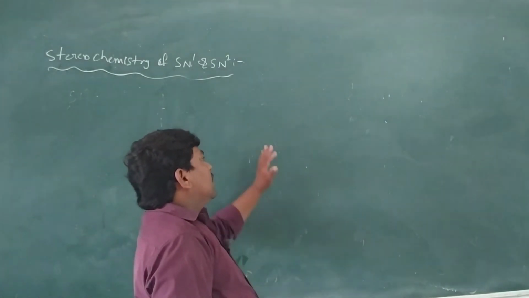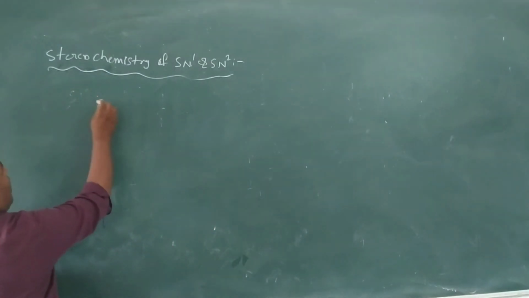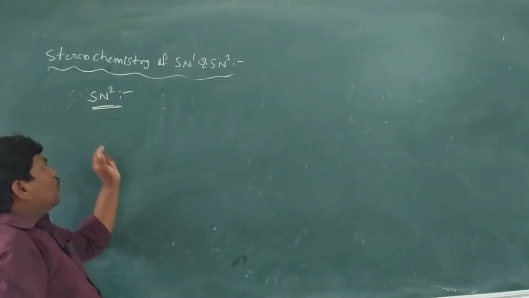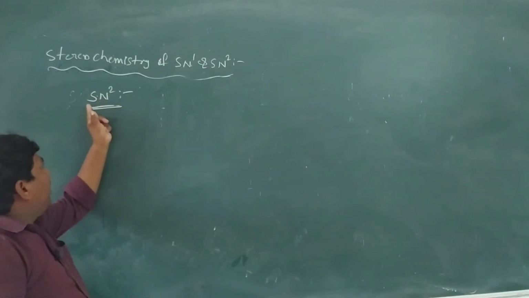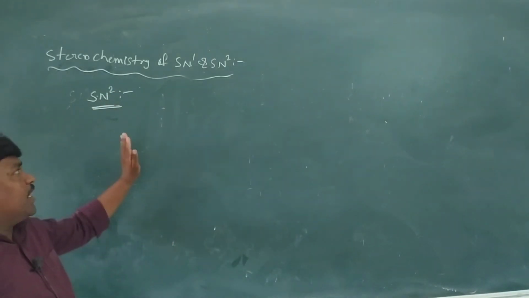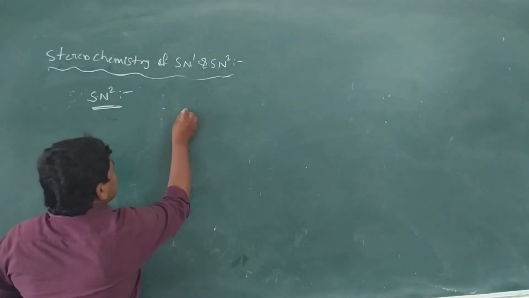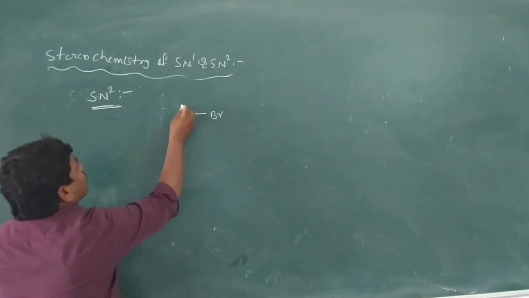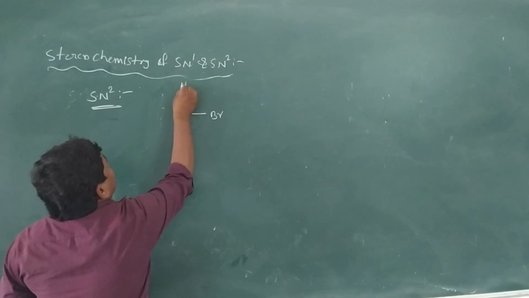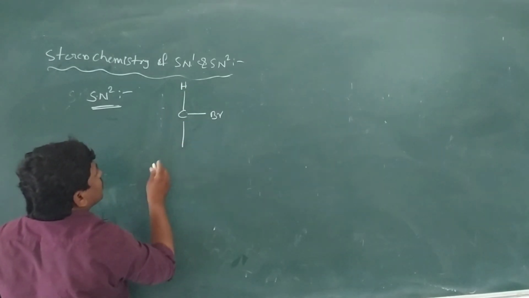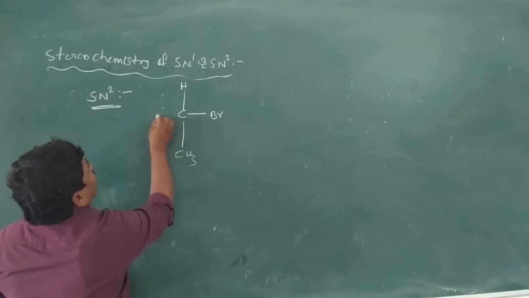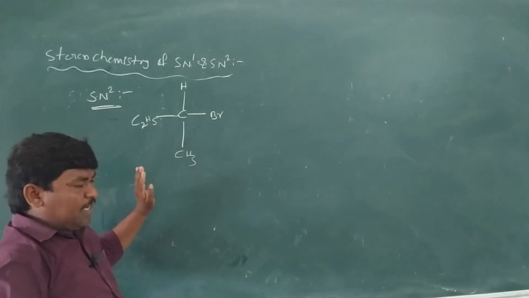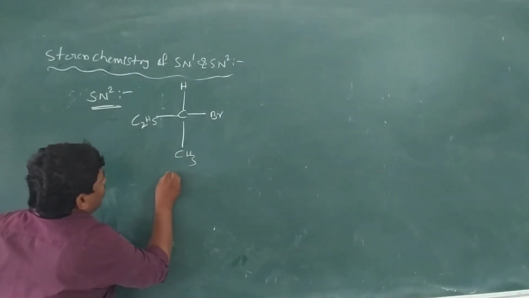And now the stereochemistry of the SN2 reaction. SN2 means bimolecular nucleophilic substitution reaction. For example, Br, H, CH3, C2H5.